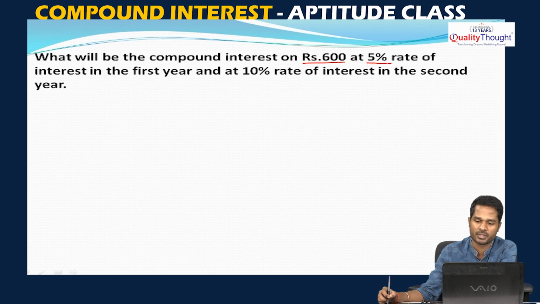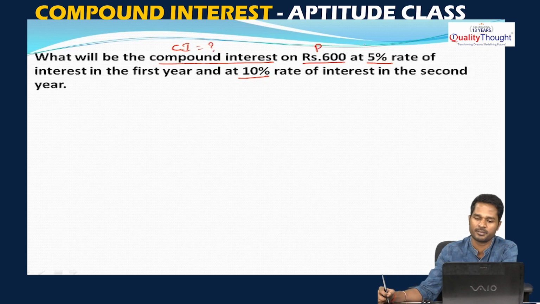In the first year it is 5% and in the second year it is 10%. So we need to find the compound interest, and the principal amount we have is 600.